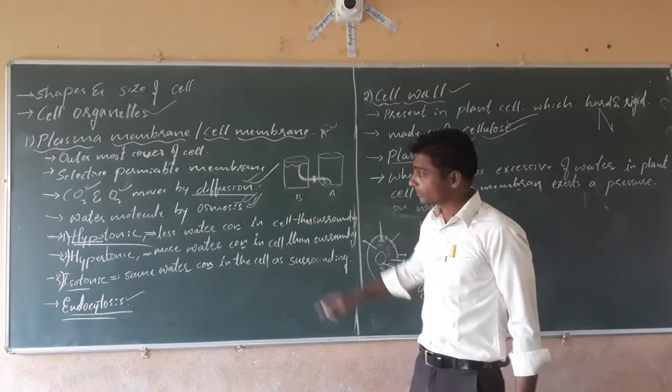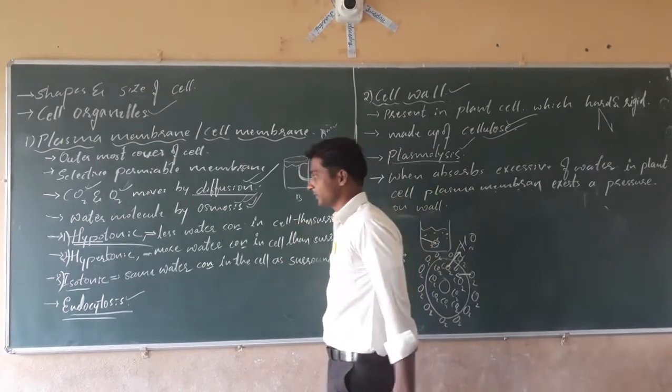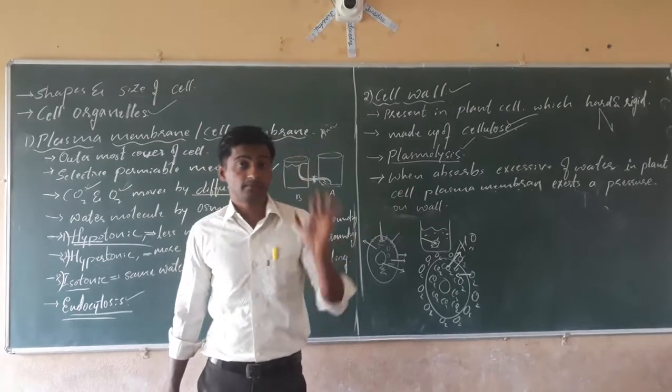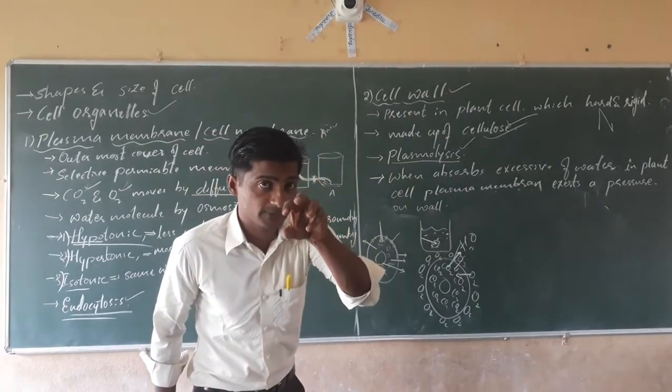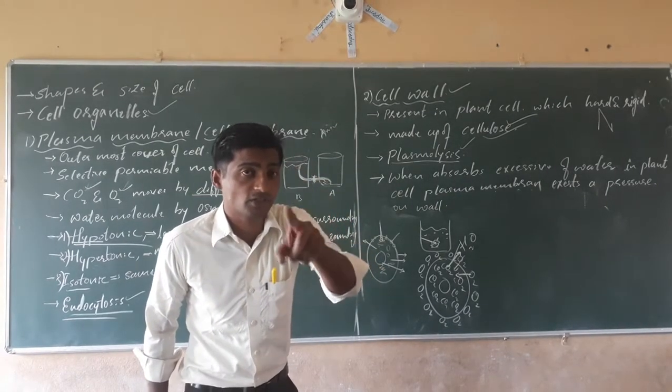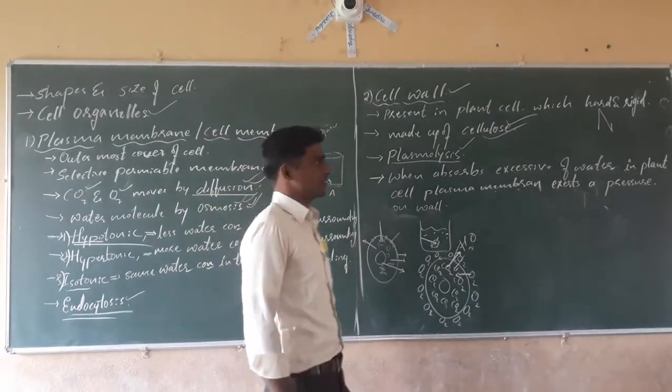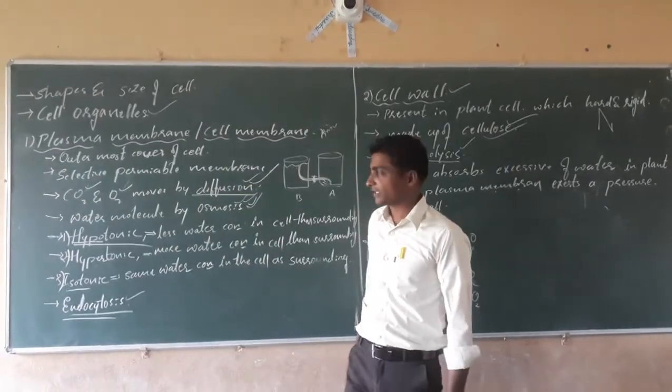Yes, understood? Next, dear students, on the basis of the concentration of solution or concentration of cytoplasm, we are dividing the solution which is present in the cell in the form of cytoplasm.